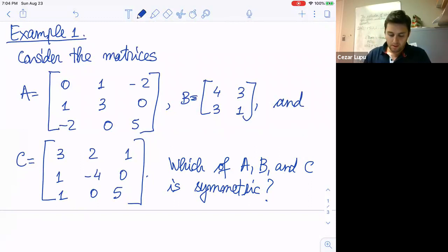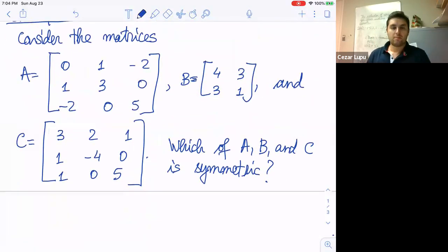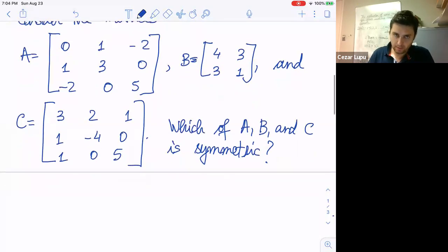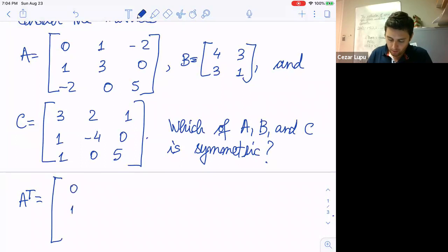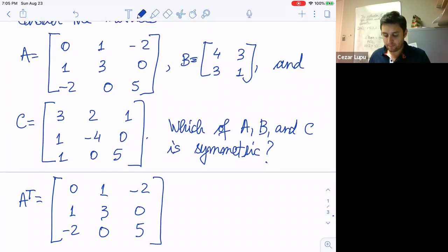Let's look at them. The only thing we need to do is apply the definition. Let's look at A transpose. This is nothing else than 0, 1, -2, 1, 3, 0, -2, 0, 5. Well, guess what?